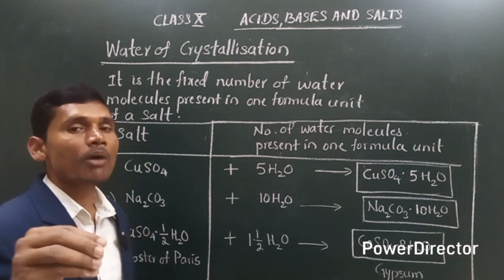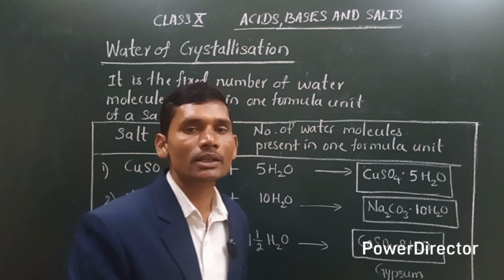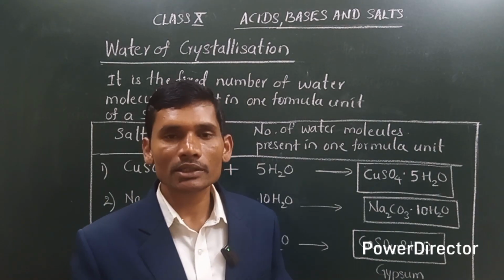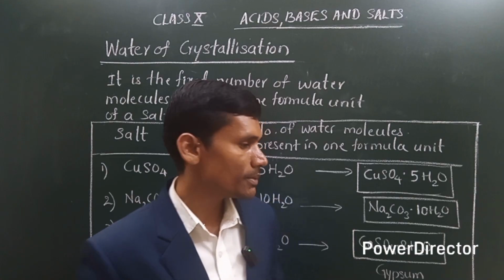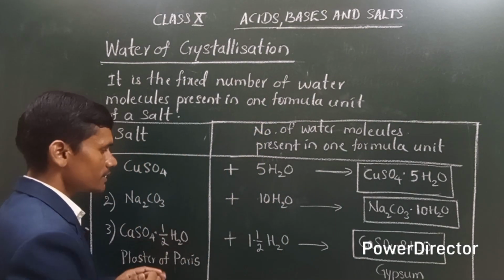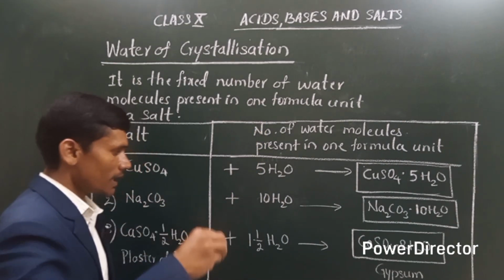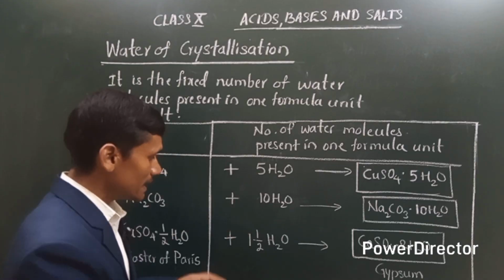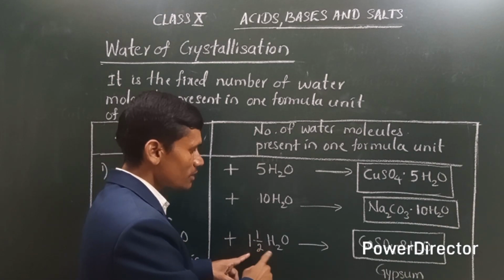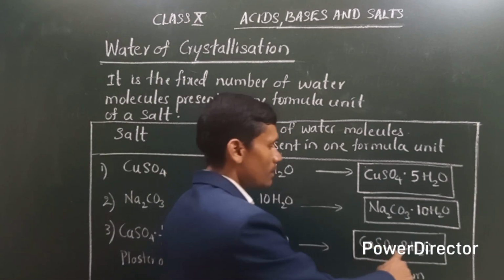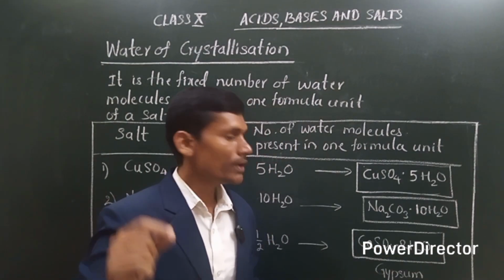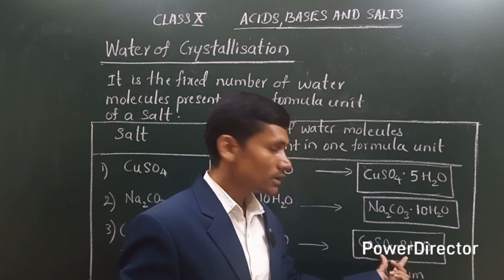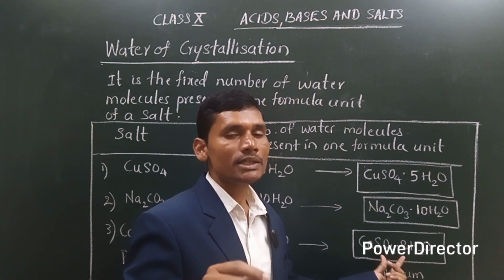This is the white color powder that doctors are using in the hospitals for treating patients who are having fractures with the bones and all, right? So when water is added to this plaster of Paris, it absorbs 1.5 water molecules and it becomes completely two water molecules along with calcium sulfate. Then we can say that this is gypsum. Okay, it changes to gypsum.